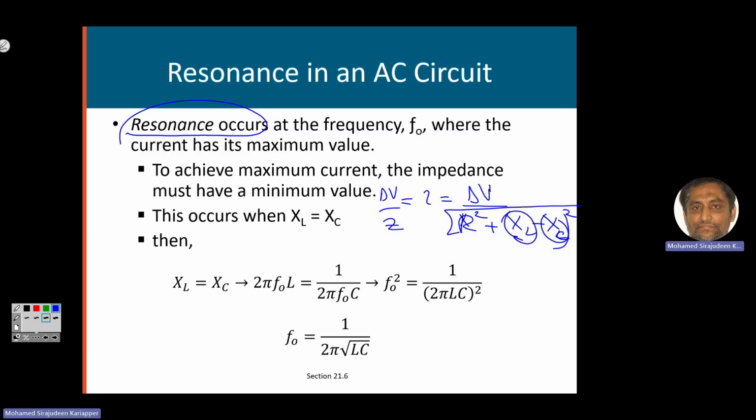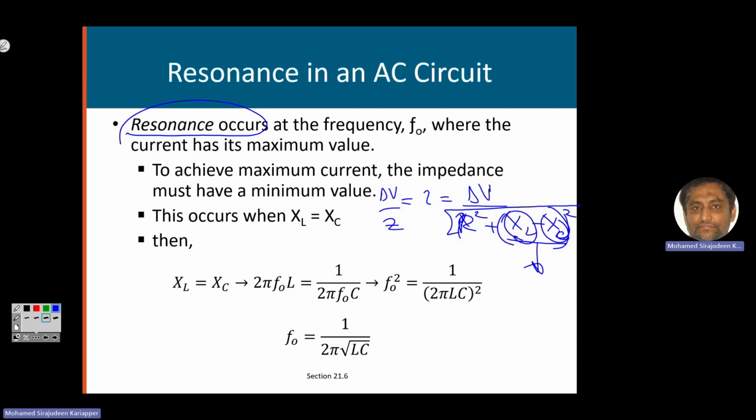When the impedance is minimum, the current will be maximum, right? Because it's in the denominator. For a small value of Z, I will be maximum. R doesn't change with frequency, the only things that change are XL and XC. So what is the minimum value this quantity can become?